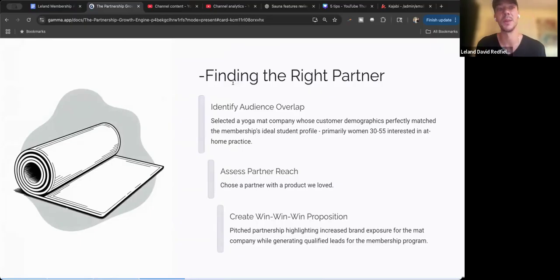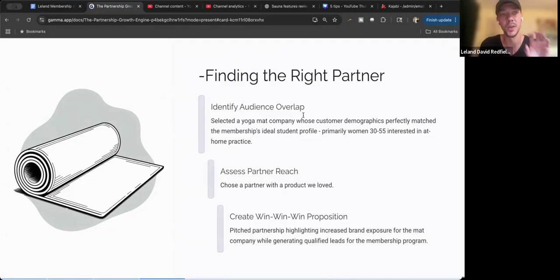So step one is finding the right partner. This is where it takes some skill and some thought to do it right. But once you've done it, it gets easier and easier and easier. You have to identify audience overlap. So what does that mean? Every audience is going to be a little bit different, especially in yoga, people are going to be different than in bowling and whatever.